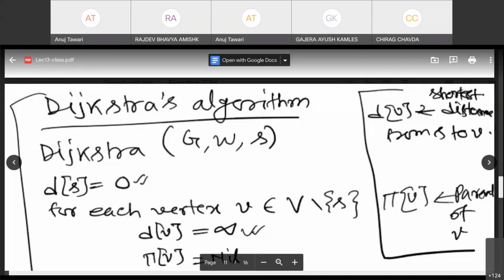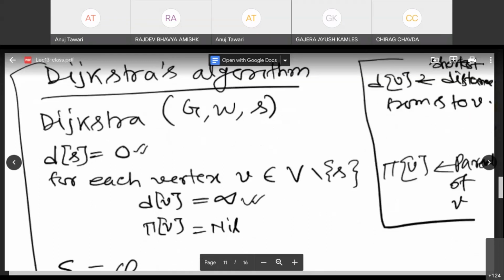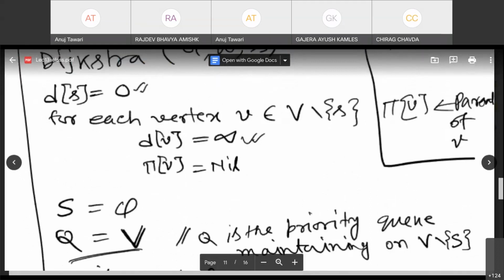It also shows you the exact route. So for that, we need to store the parent of V, which is the vertex coming before V in that particular path.